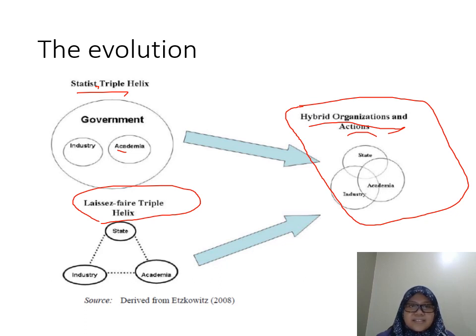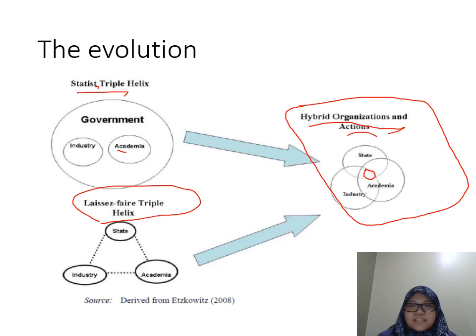The person who came up with the evolution of the triple helix model finally came up with the hybrid organization and actions. Here you can see that each of these actors, the state or government, academia and industry, are working together, and this is where the synergies work.